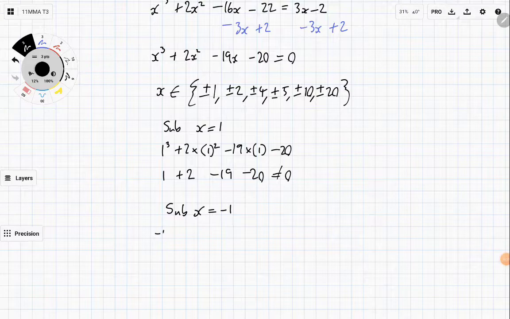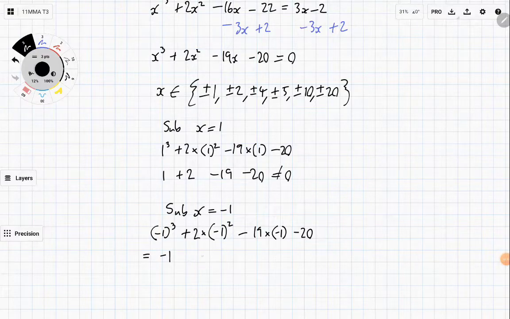Alrighty, so we get negative 1 to the 3 plus 2 times negative 1 squared minus 19 times negative 1 minus 20. And what's this equal to? Well, it's minus 1, and negative 1 squared times 2 is 2. And we get plus 19 minus 20.